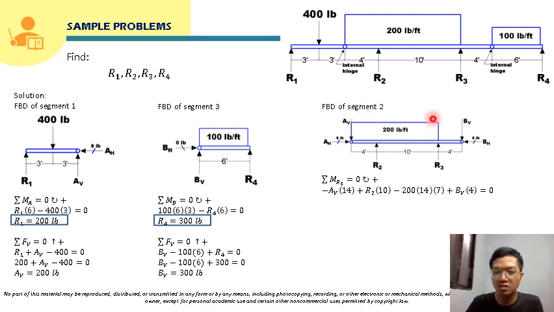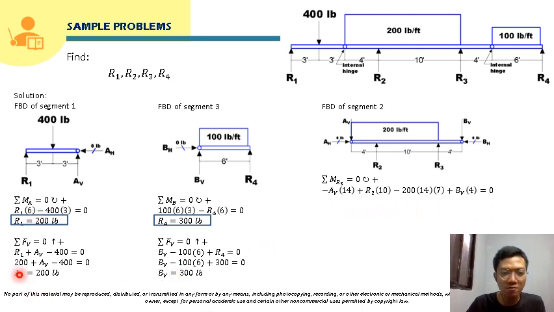We will resolve this uniform load into its equivalent point load, so its equivalent point load will be 200 times 14. Since the length is 14, the point load will be applied 7 feet from here, so that will be 7 feet, the moment arm, plus BV. BV, its moment arm is 4. So this will be equal to 0.